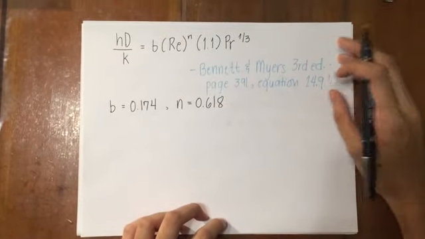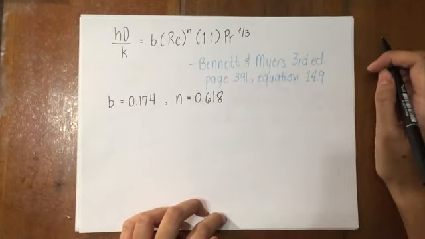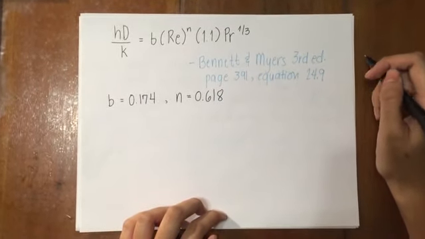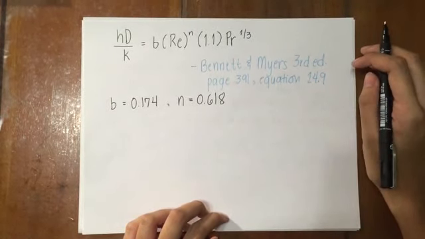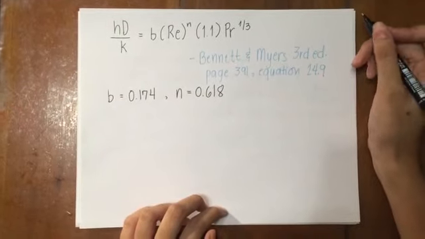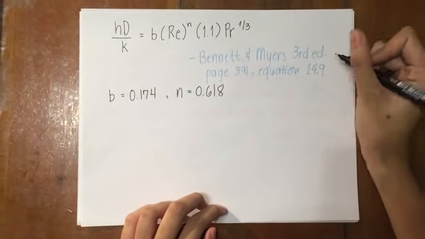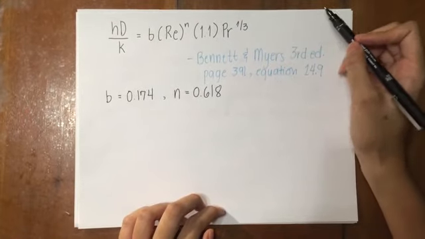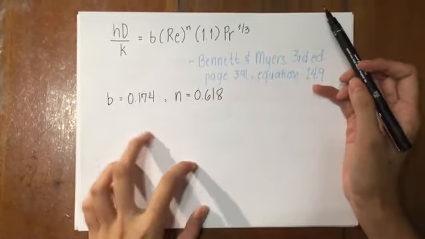The Nusselt number, which is equal to hd over k, is equal to B times Re raised to N times 1.1 times the Prandtl number raised to 1/3, which is from the book Bennett and Myers, 3rd edition, page 391, equation 24.9.